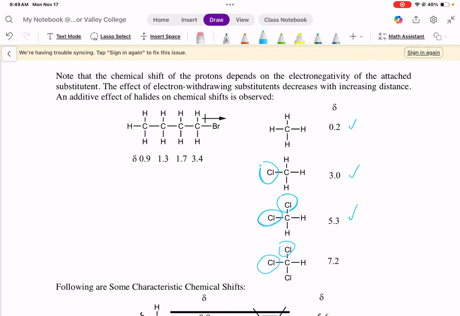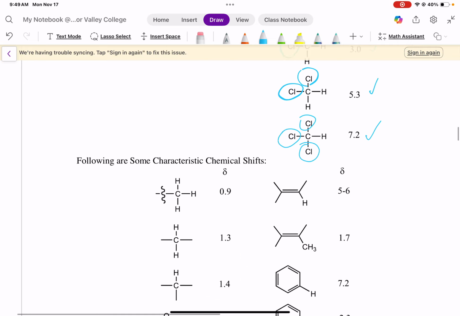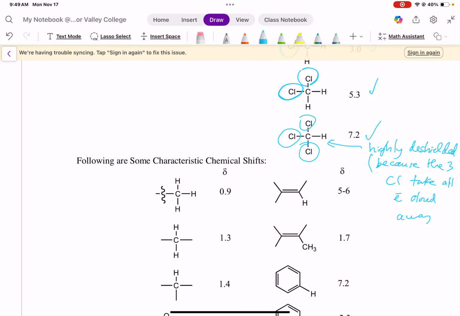If you've got three, that's a higher chemical shift, because it's highly de-shielded by electrons, because the three chlorines take all the electron cloud away toward themselves.